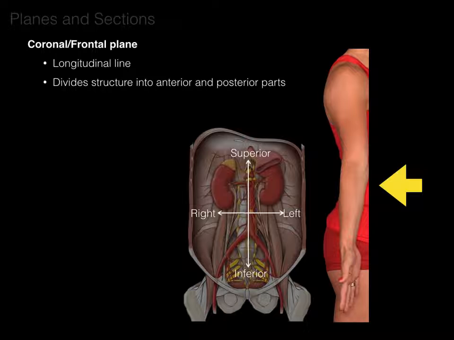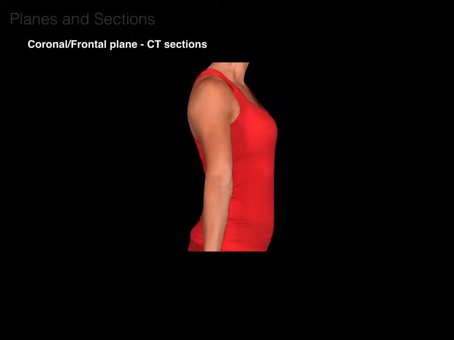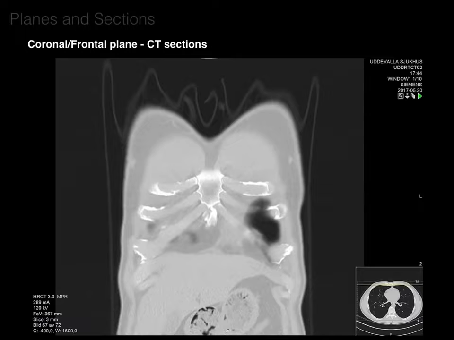You divide the structure into anterior and posterior parts, and when you look, you get superior, inferior, right, and left directions. And so let's take a look at what it'd be like in CT sections or images. We take a line, and then we just keep moving that line and taking a picture, all the way through. And so now you're slicing a loaf of bread in a different plane or section. And so here we have it.